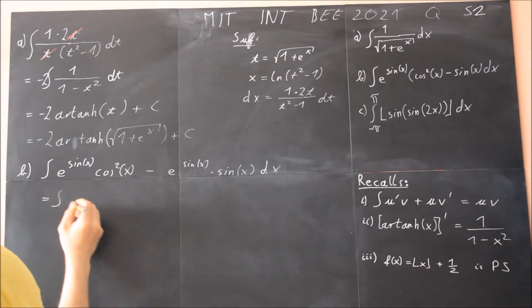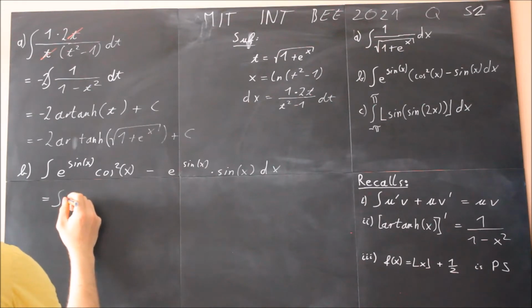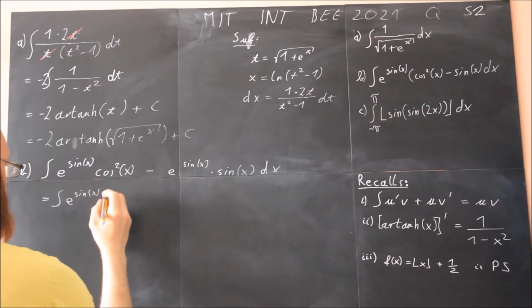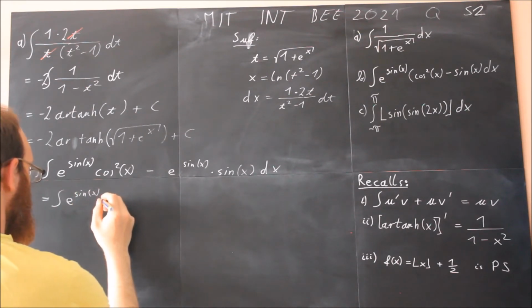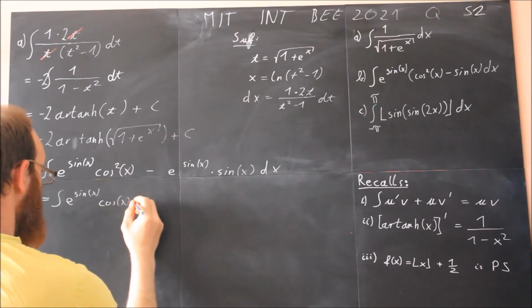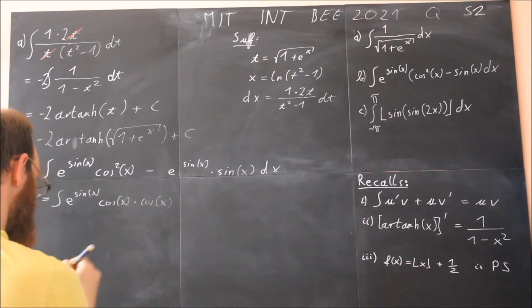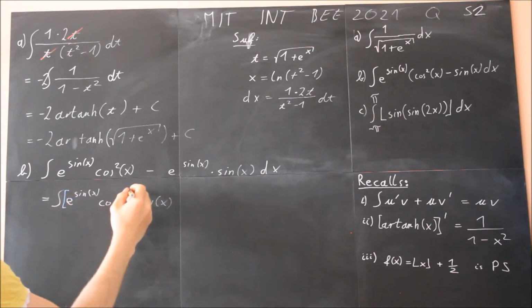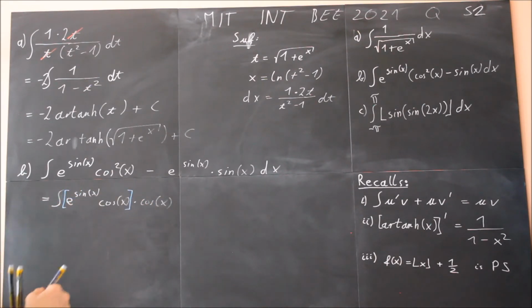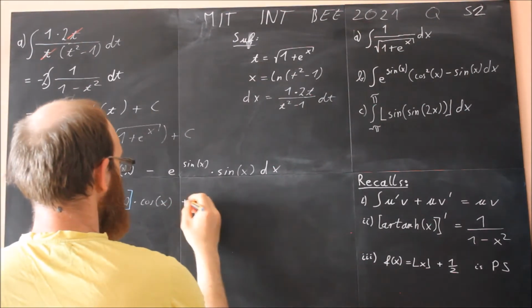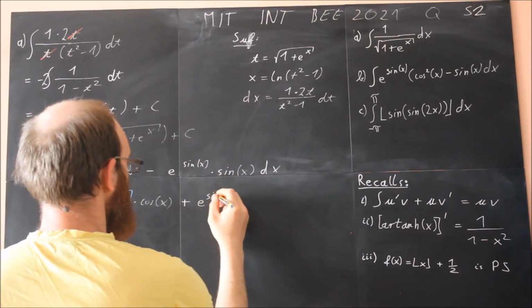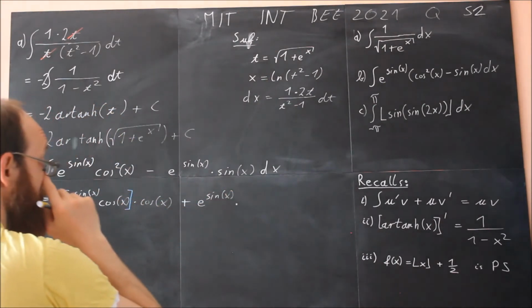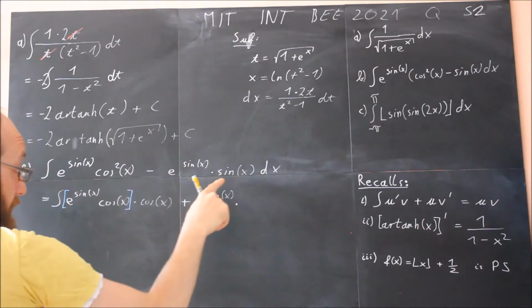We rewrite that as e to the sine x times cosine x times cosine x, and I use these brackets, and then plus e to the sine x times sine x.